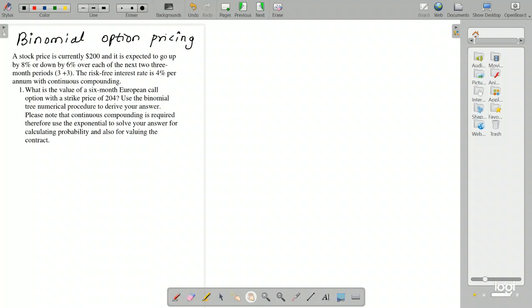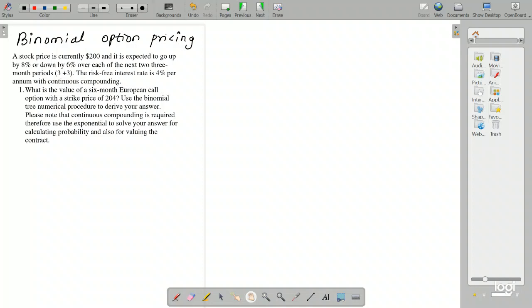So the binomial option pricing model is one of the methods by which we value options, and it goes without saying that you know the meaning of options, and by now you understand that there are two different types of option: put option and call option.